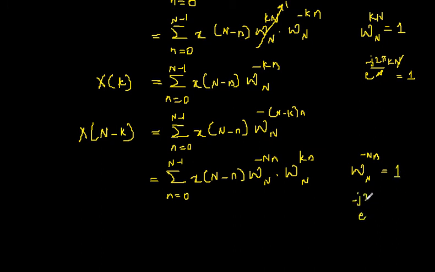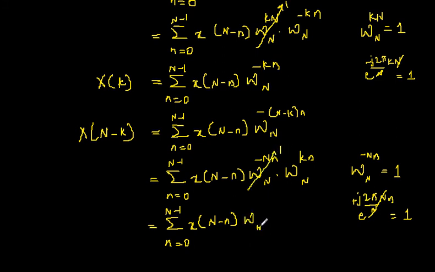W_N is e to the power minus j 2 pi divided by capital N. This gets multiplied with minus N into n. This becomes plus N into n. So N and N would cancel. I'm going to get e to the power j 2 pi n. Again, making use of Euler's rule, I could say that is also equal to 1. So finally I got summation n equal to 0 to N minus 1, x of n minus n. This term turned out to be 1, and I got W_N to the power k into n, which is x of n minus k.